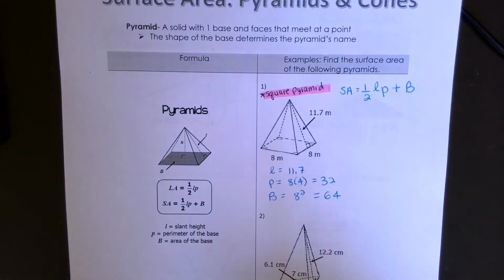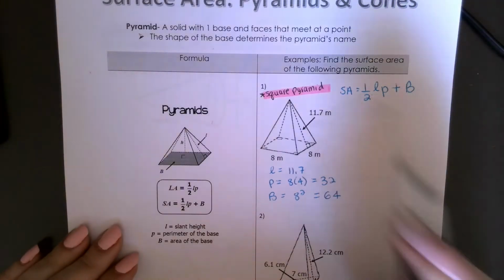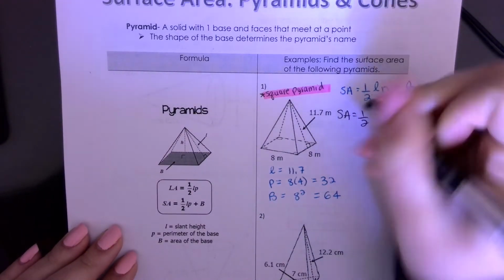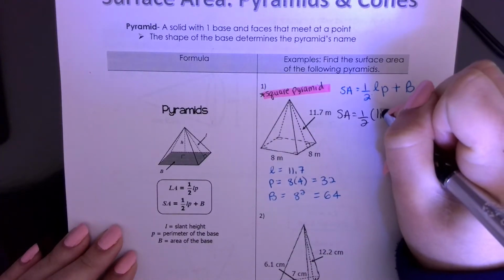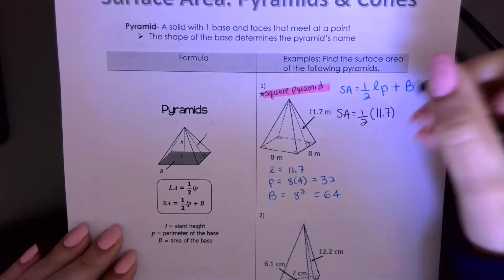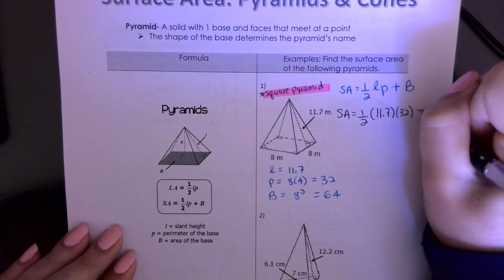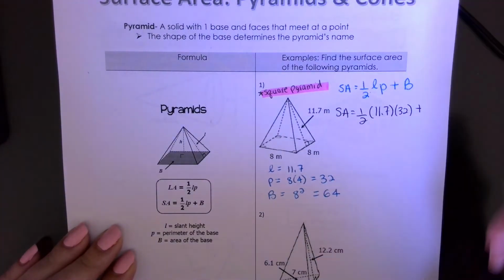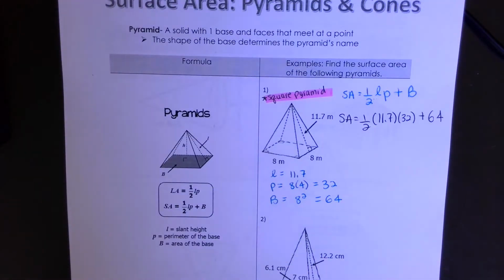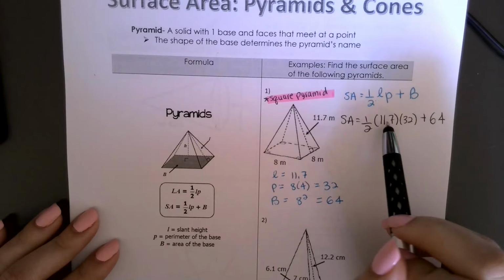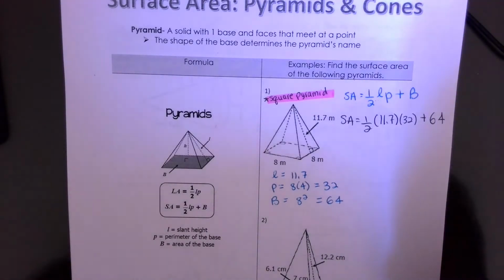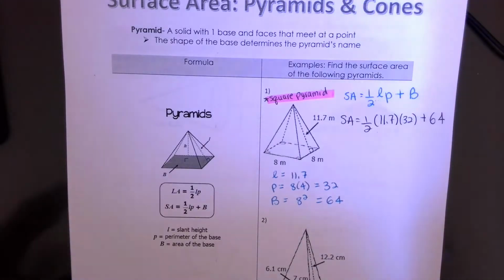So now I have all my values. I can substitute them in my formula. So it's half of my slant height, 11.7, times my perimeter, which was 32, plus the area of my base. And now it's your order of operations. It doesn't matter which order you do it. I usually multiply them, then divide by 2. You can do half of 11.7, doesn't matter.